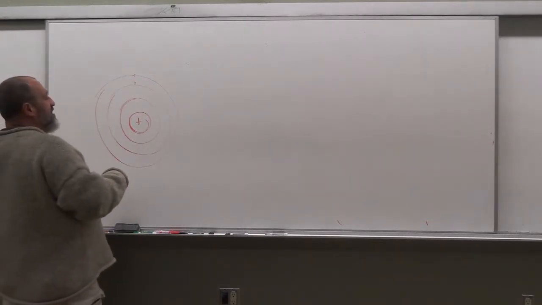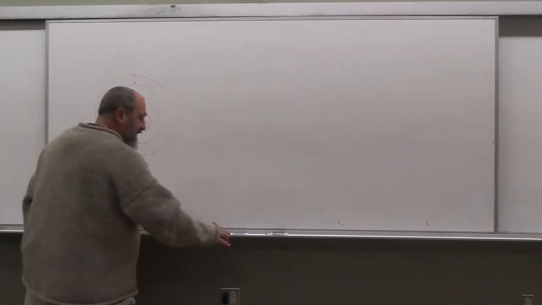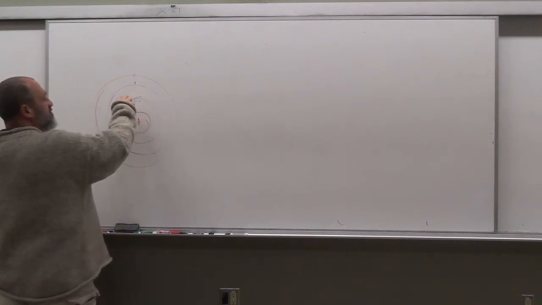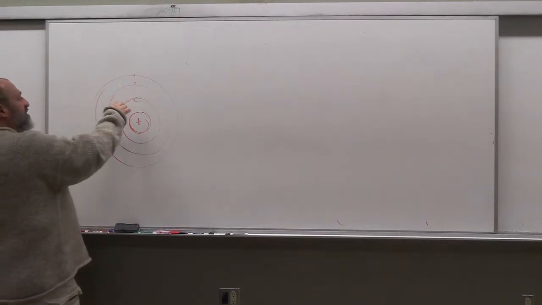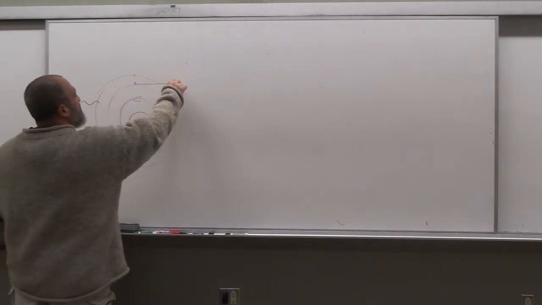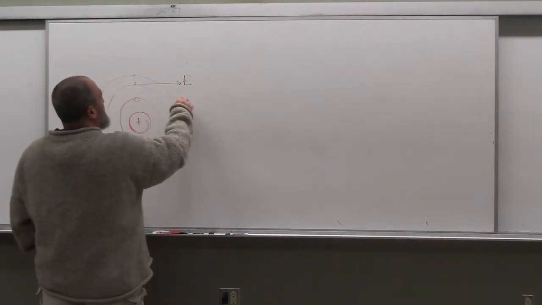The key thing about quantum mechanics is the following. The electron is sitting here and wants to jump to a higher level of energy, let's say E and E prime.